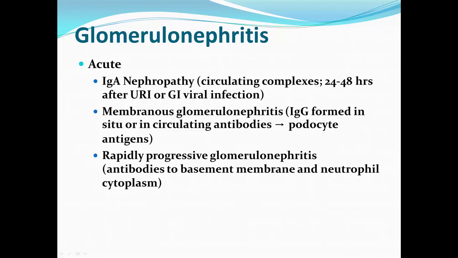With a rapidly progressive glomerulonephritis, the individual actually has antibodies to the basement membrane as well as the neutrophil cytoplasm. This rapidly progressive glomerulonephritis is not as common as the previous two. It is more common in elders.